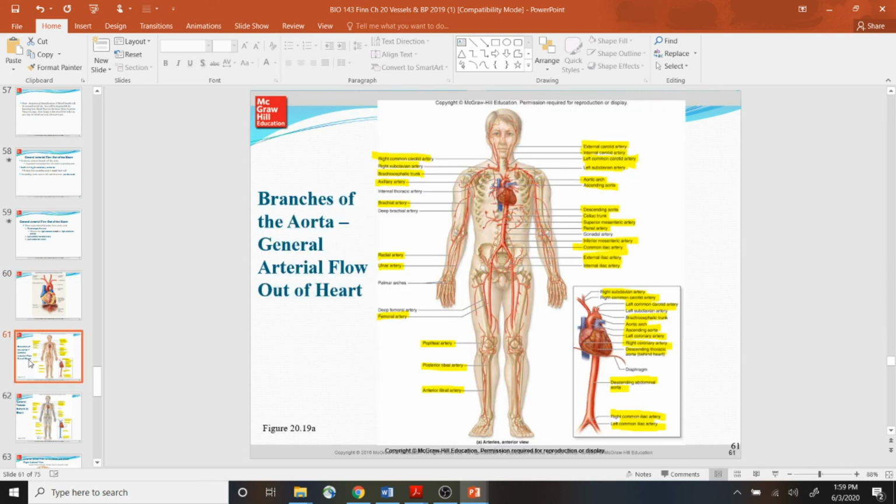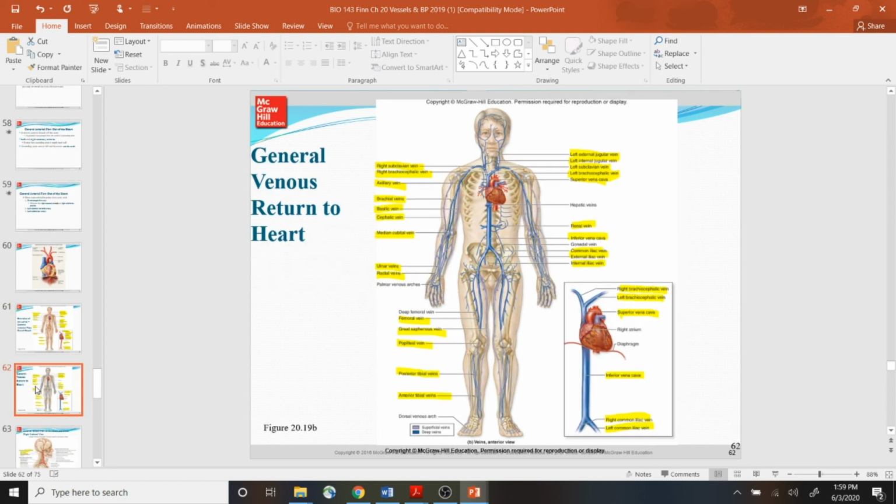In addition to the models I show you, you may see figures on a test which ask you to identify, in yellow that you can see here, some of the major artery branches. Again, I'm going to make a separate video for this.